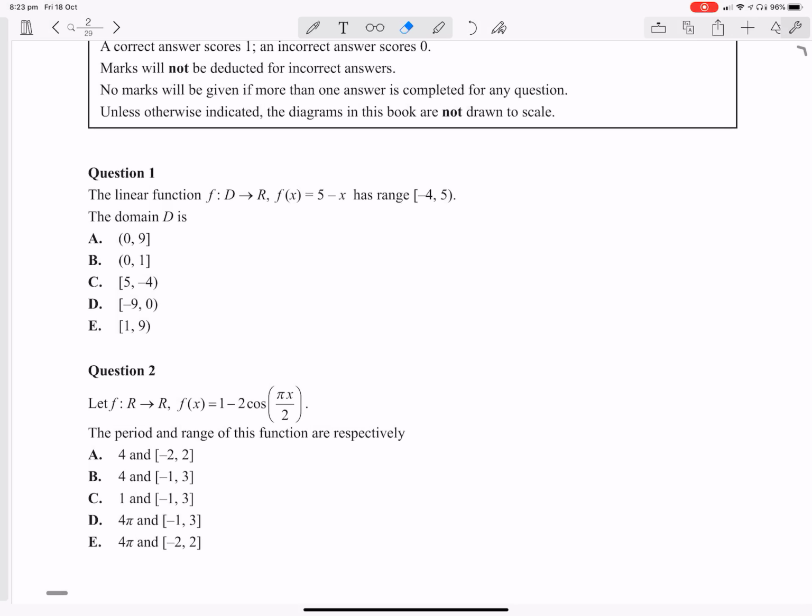This one here, we have the range of this function. You can just graph it, or you can use max and min, depending on which calculator you've got. The main thing is, because it's got a negative gradient, it goes downwards. So at -4, which is inclusive, we get 5 minus -4, which is 9.